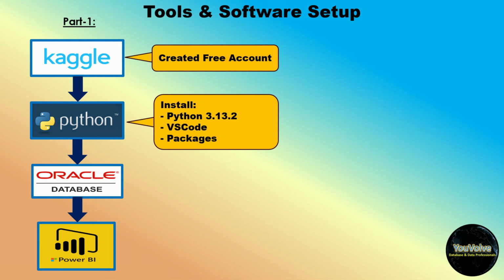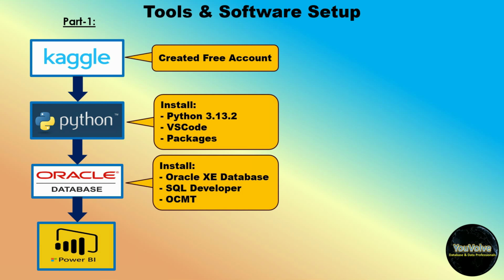We also installed VS Code for Python code editing. We installed a few additional Python packages. Then we installed Oracle Express Edition database software. Then we installed the GUI tool called SQL Developer and installed OCMT. Then finally, we installed Microsoft Power BI and we configured everything to work together.